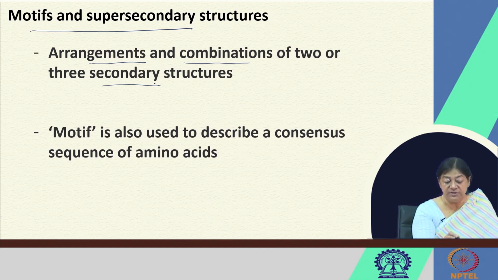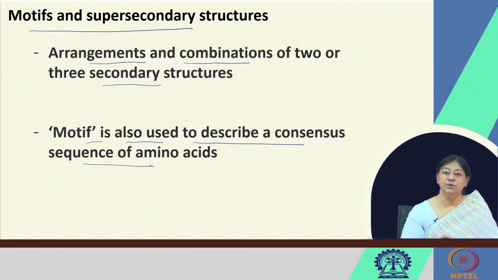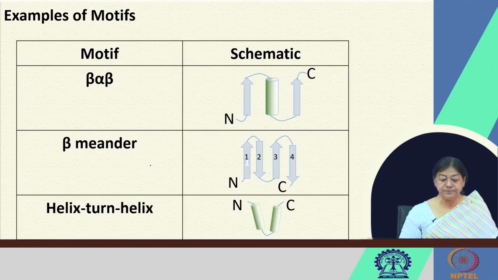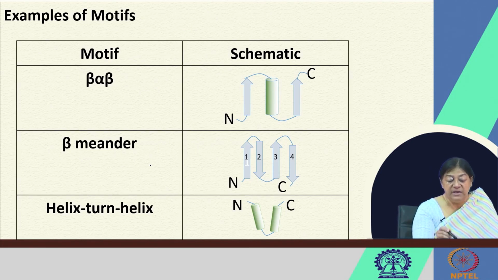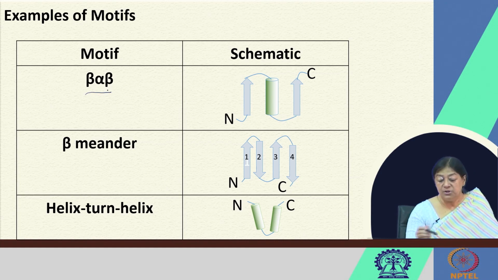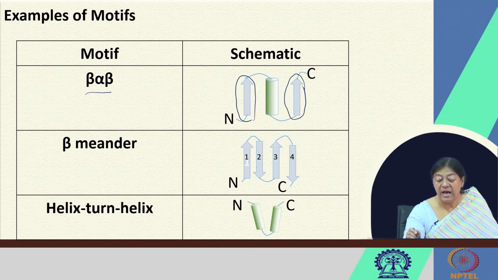So, this motif is used to describe a consensus sequence of amino acids. For example, if we look at a motif called a beta alpha beta, we have a beta strand here, another strand here, and in between we have an alpha helix. So, this is a motif.